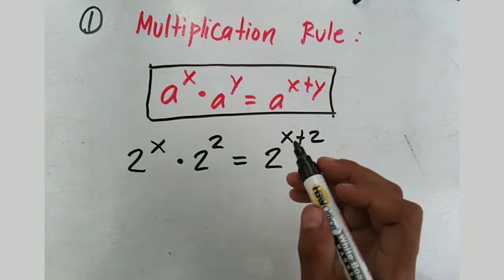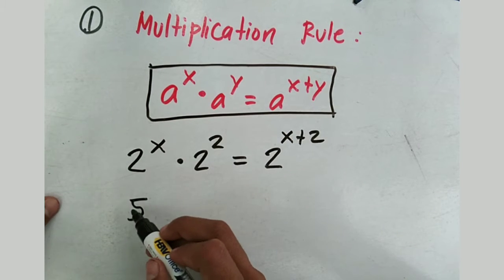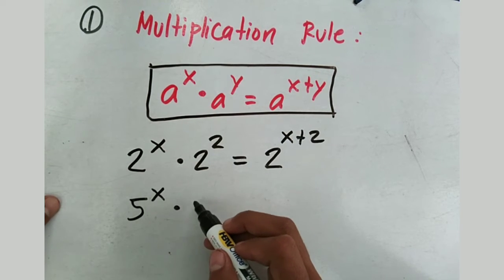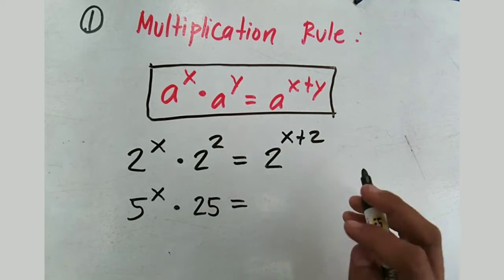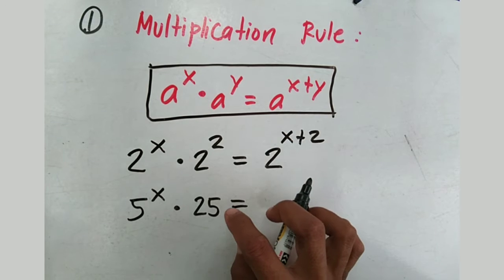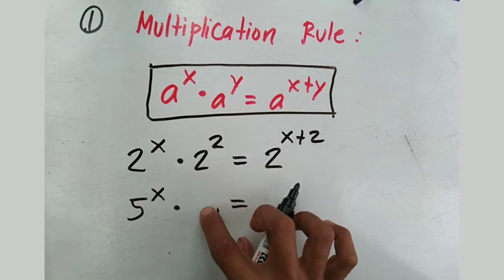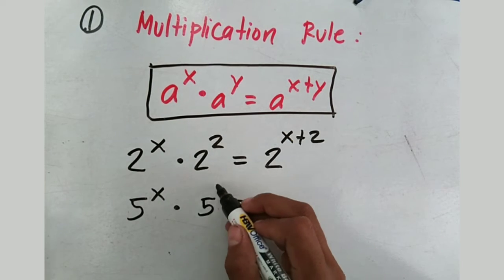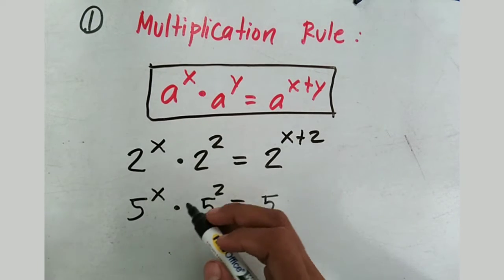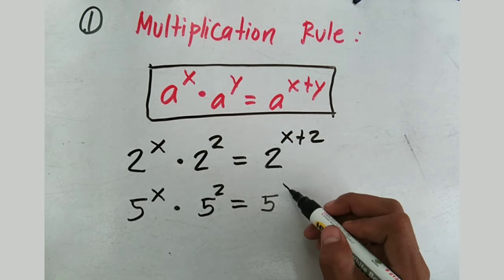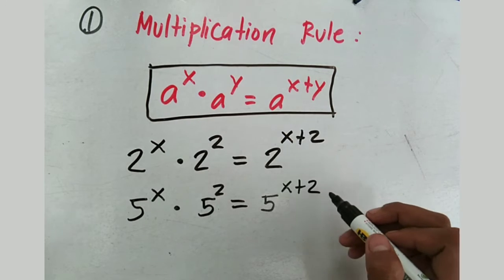Another example, 5 raised to x times 25 is equal to, yes, 25, we can write it as 5 squared. So now, same base, copy and add the exponent. We have x plus 2.